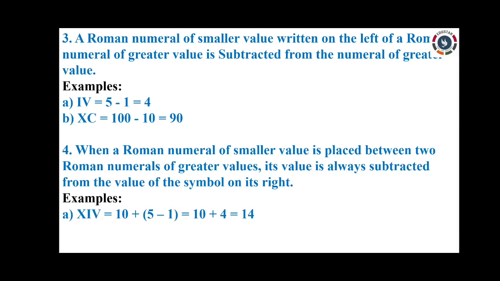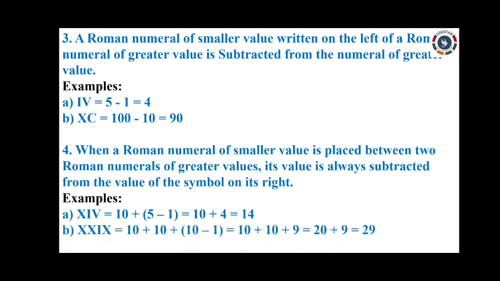Here I is present between two greater values. The right side of I is V. Subtract the value of I from the value of V. So, 10 plus 5 minus 1, which is equal to 10 plus 4. 10 plus 4 is equal to 14.